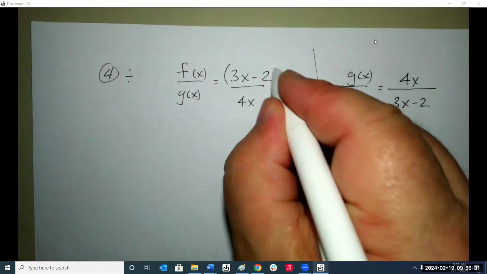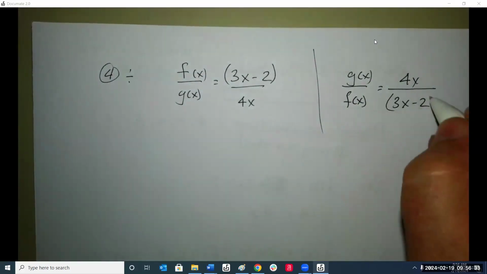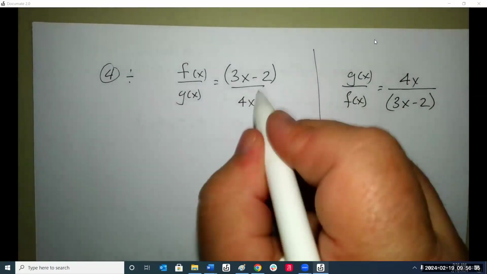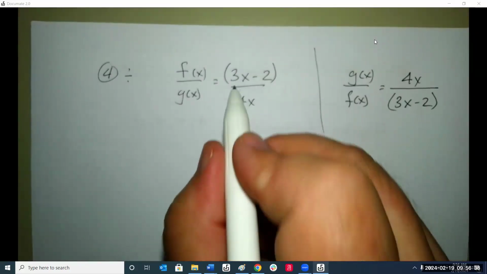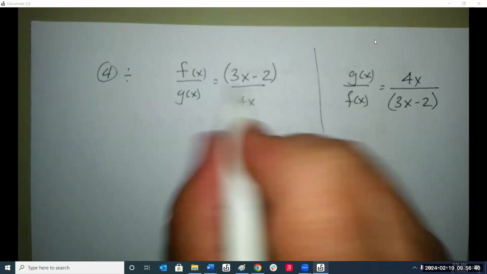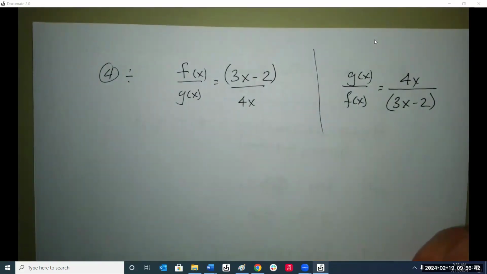At the top and the bottom, that's one equation. You can't cancel indiscriminately. If you're going to cancel anything, it has to be the whole expression. All right, so this is as far as you can go.